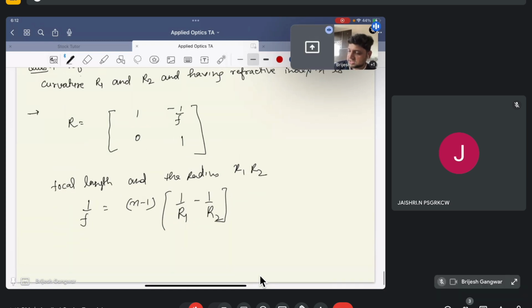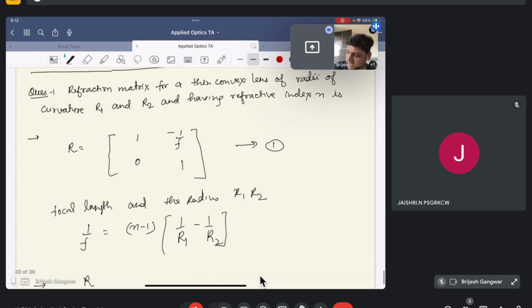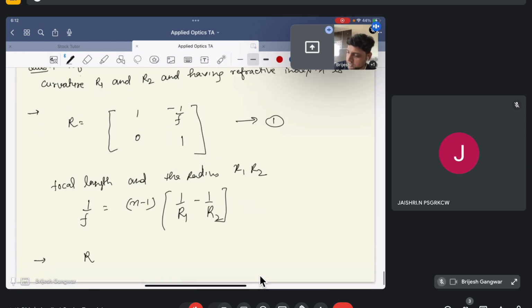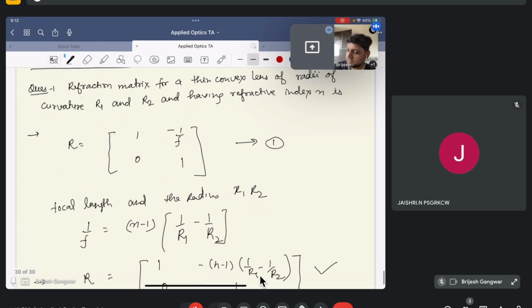We can put this relation into equation 1, and we get the refraction matrix for the thin convex lens of radii of curvature r1 and r2 as [1, -(n-1)(1/r1 - 1/r2); 0, 1]. So this is our answer for the first question.